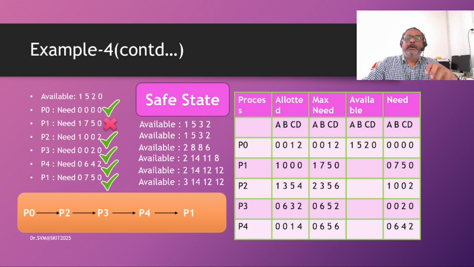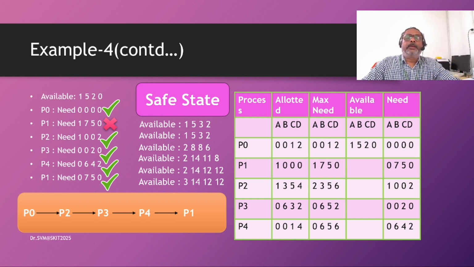So the requested resources can be easily, comfortably, without any fear be allocated to these processes, and they are going to be executed in this sequence P0, P2, P3, P4 and finally P1. So that way all processes complete their job, and hence we see that there is no chance of deadlock.